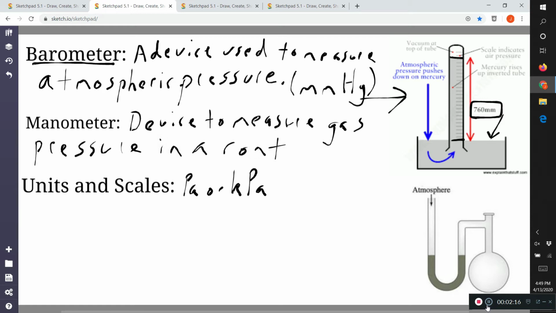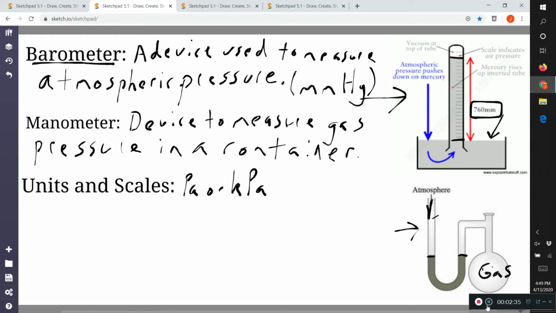So we have one of these down here. And here's the atmosphere coming in. And here's the gas that we're measuring the pressure of. And if the gas on the inside and the atmosphere on the outside have the same amount of pressure, it'll be equal as shown in the diagram.